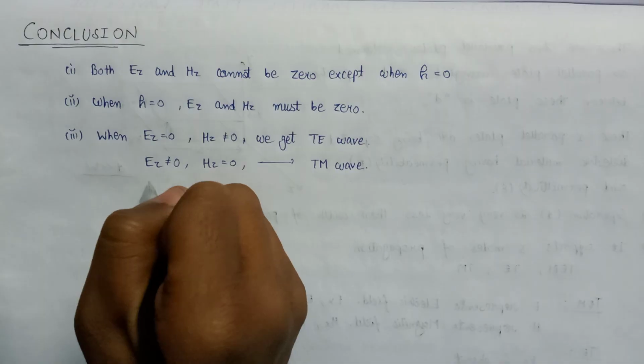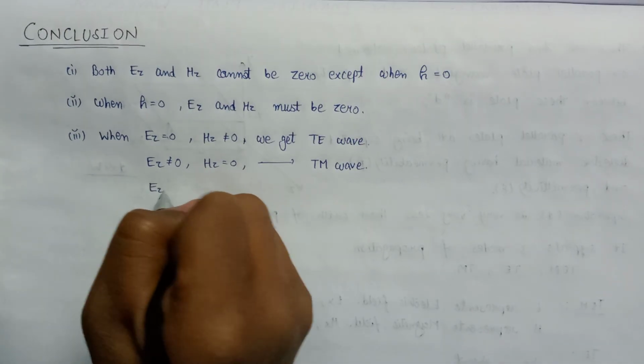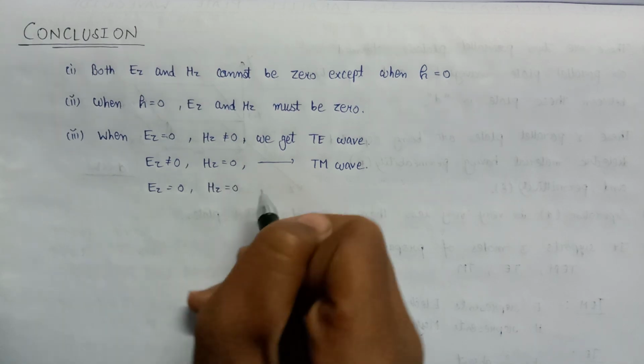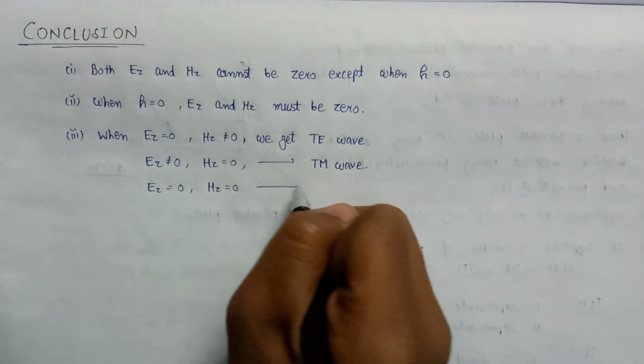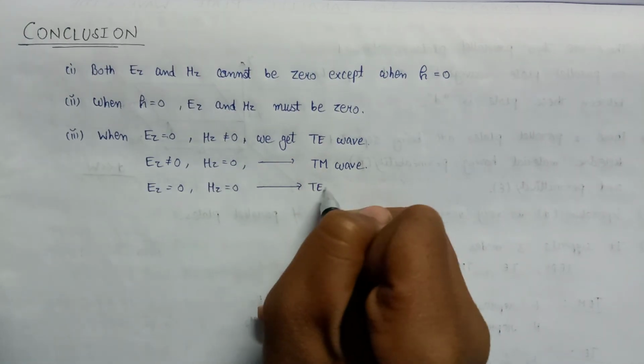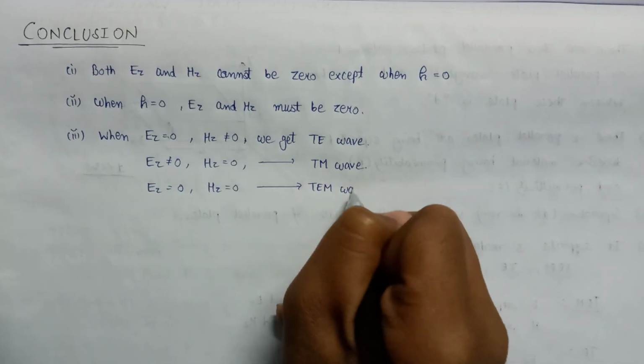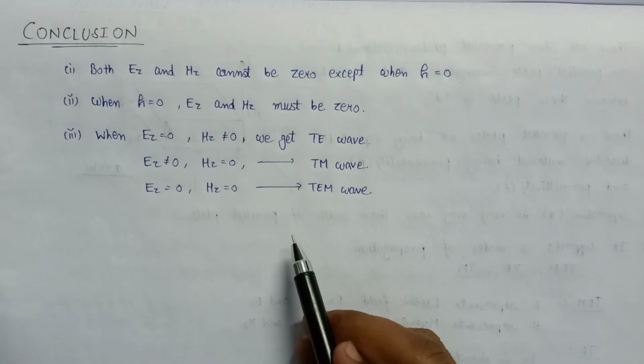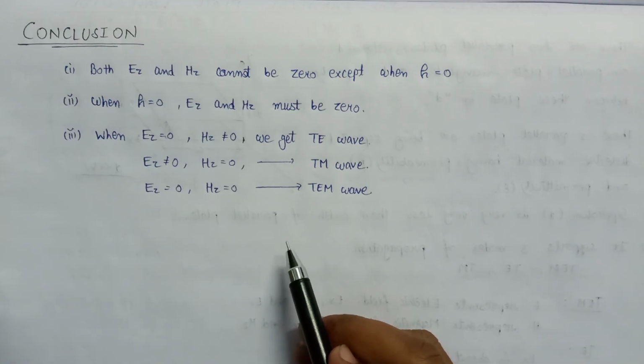And when the value of Ez is equals to 0 and also the value of Hz is equals to 0, then we will get TEM wave. So these are the 3 conclusions that we get after the analysis of waveguide.